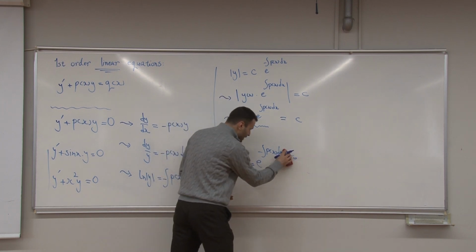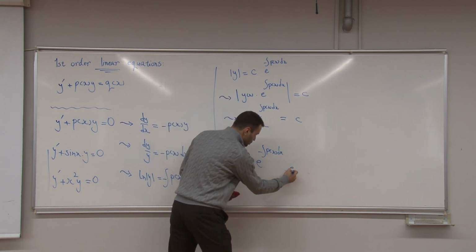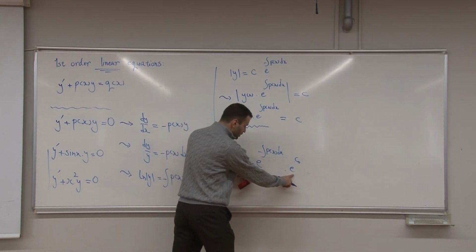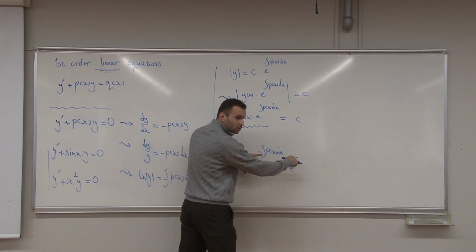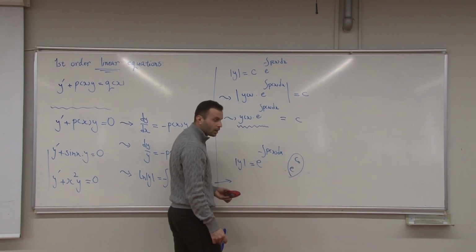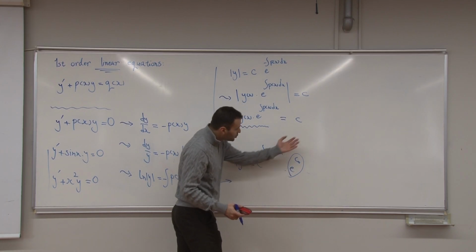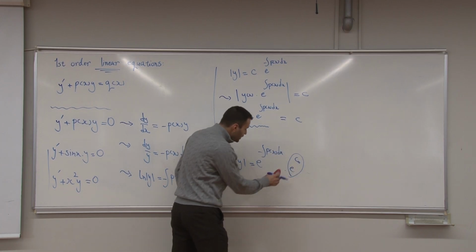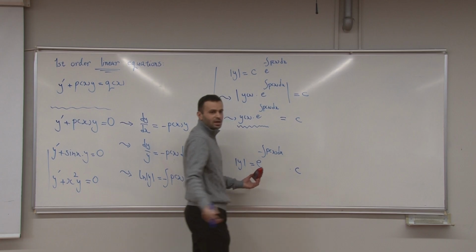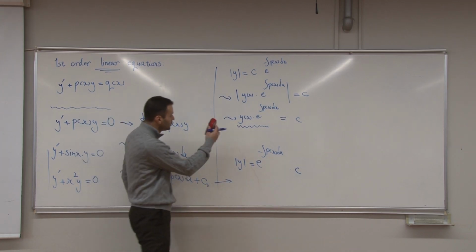Can I write this as e to the power of c0? Yes. The bases are the same, so exponents are added. Now, is this a constant or not? It's a constant. Instead of writing e to the power of c0, or e to the power of something, can I just refer to it as just a C? Yes, I can. This is what we are doing.